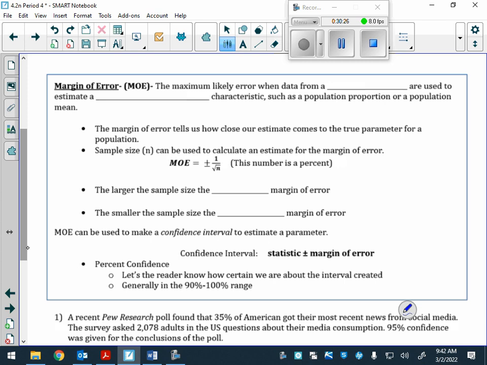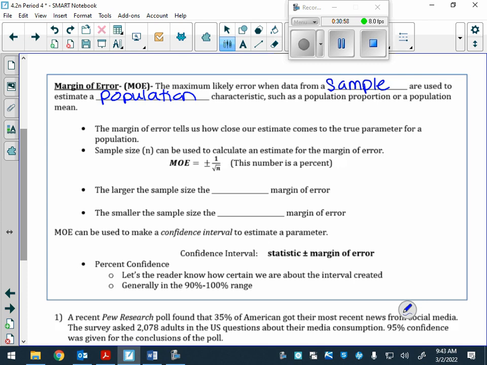There's some sort of error that happens, either with sampling, data error, whatever it is. We see it a lot with elections. So the margin of error is the likely error when the data from a sample are used to estimate a population's characteristics. The margin of error gives us a little buffer, based off the statistic.